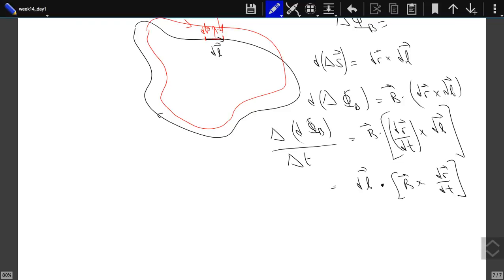Well, dr by dt is nothing but the velocity of that very small segment. So this is the velocity of that segment.